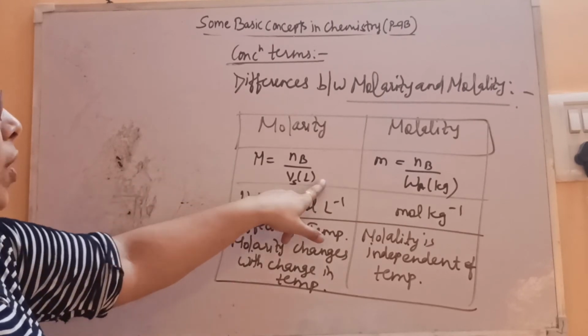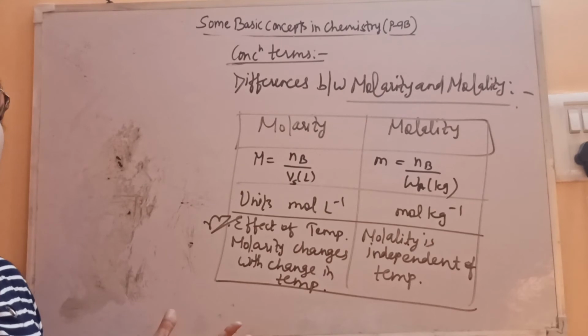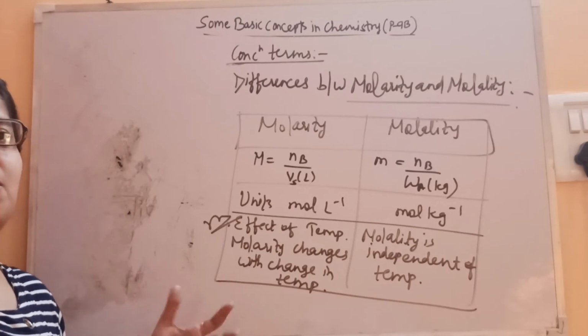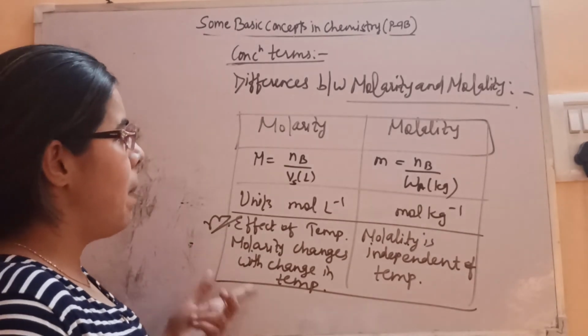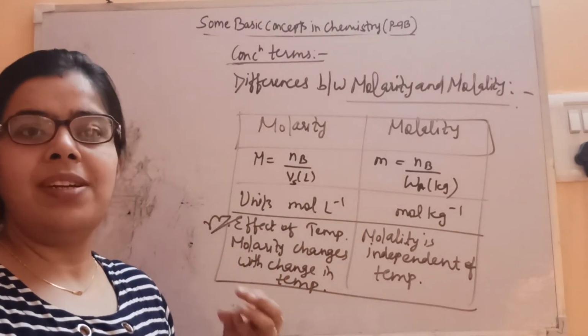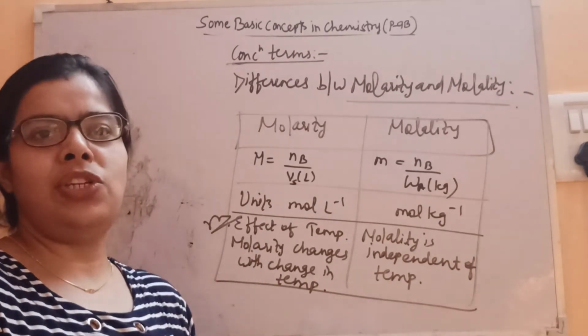As we know, volume keeps on changing with temperature. When you increase the temperature, the volume changes. If you take 100 ml of water and start heating it, you will find after some time its volume decreases. So volume changes with change in temperature, but mass is that quantity which will never change with temperature, because it is a fixed quantity. If you have taken 1 kg, heated, it will remain 1 kg only.